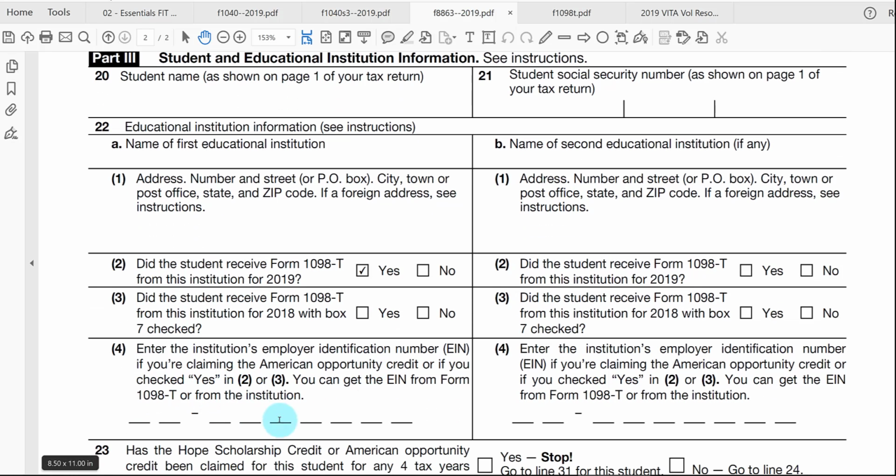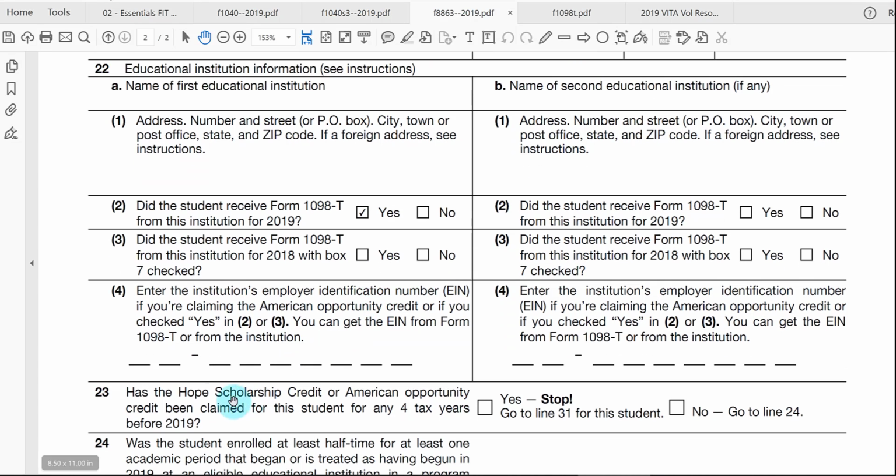Here it's looking for the ID number of the college. And it's asking whether this student we're dealing with has claimed this American Opportunity credit. The old name was Hope credit. So these two credits are basically the same thing. And the question here is asking whether the credit was used for this student on 4 different years, 4 different tax returns.